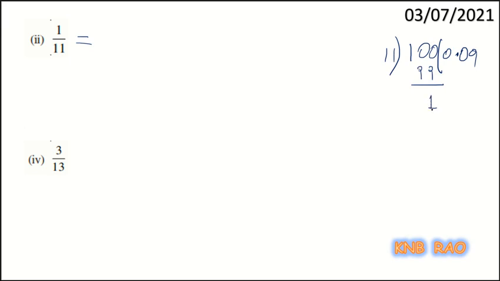99 is 1. Now, for the first 0, no need of taking any 0 in the decimal place, but this remainder 10 is less than 11. So, when I take one more 0, that time it is compulsory to take 0 here. So, 11 nines are 99.